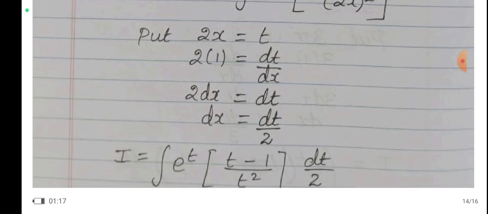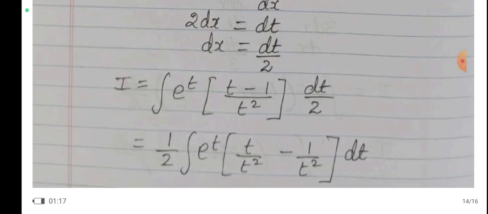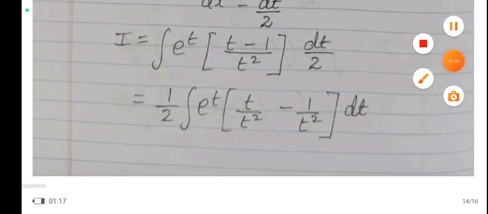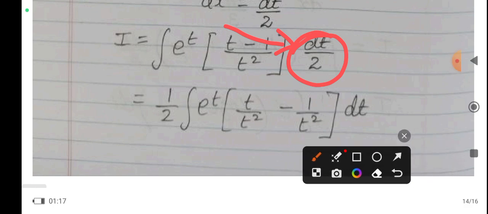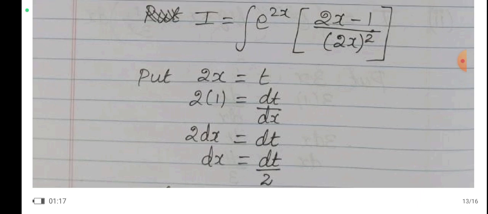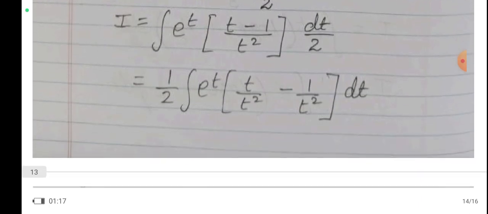Integral e power, 2x becomes t. Again 2x becomes t, minus 1 by t square, and dx is dt by 2 this time. Understood? So what have we applied? Wherever 2x is there, it becomes t. Dx alone is dt by 2.